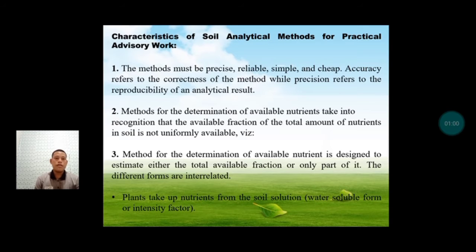3. Methods for determination of available nutrients are designed to estimate either the total available fraction or only part of it. The different forms are interrelated. Plants take up nutrients from the soil's soluble form, or intensity factor.